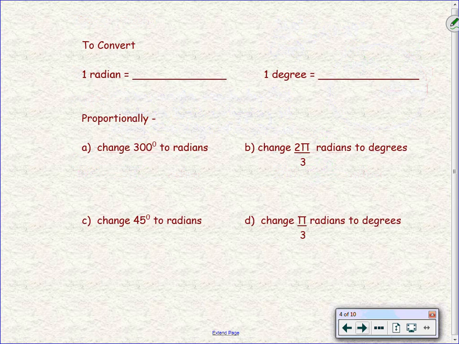All right, now when you're doing your conversion, you have to always keep in mind 360 degrees is equal to 2 pi. So we're going back and forth between these two. If you look at this, I could divide both of these numbers by 2. So 180 degrees is equal to pi.